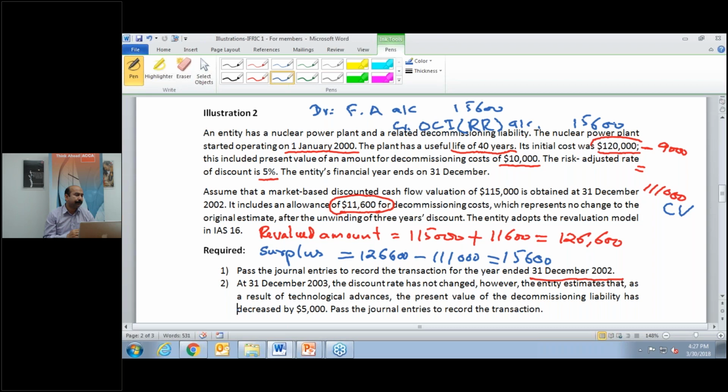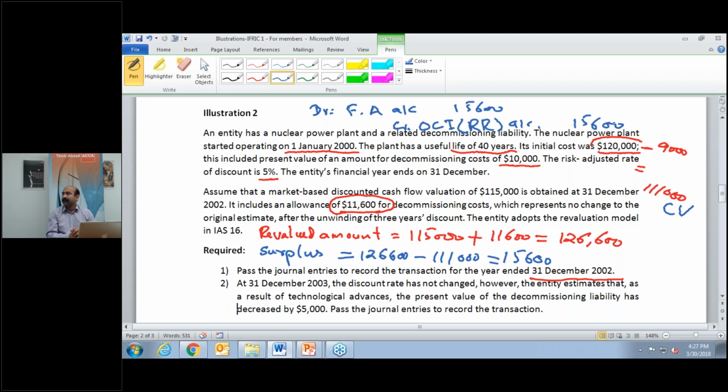Shiraz Baksh is asking, why are we including 11,600 decommissioning cost in the calculation of surplus? 11,600 is already included in 1,15,000 discounted cash flow.